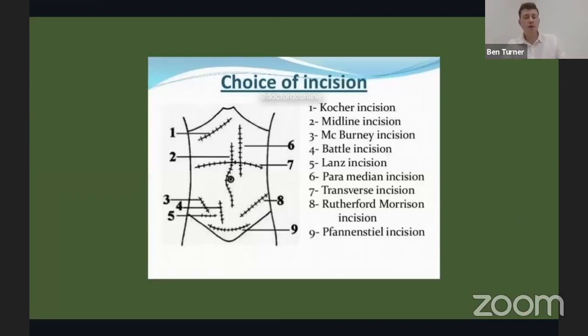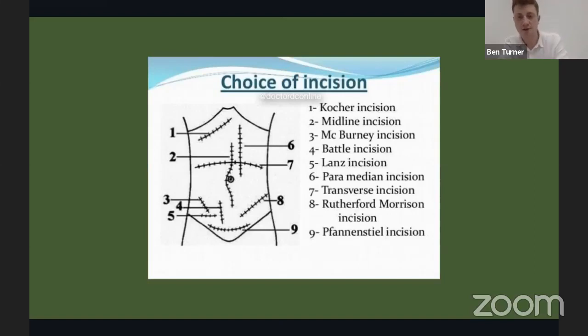So a very much favorite question of the surgical consultant going round on the ward round is, can you think of what previous operation this patient may have had, from the incision? And so we've just got some of the most common incisions with their names here.